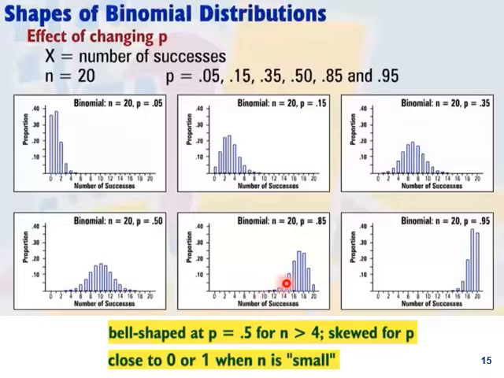But when the probability increases again, it's skewed again, but now it's left skewed. So it is bell shaped at probability equal to 0.5 for n greater than 4, and skewed for probability close to 0 or 1 when n is small.